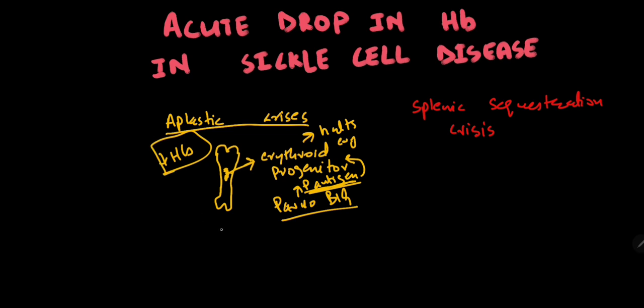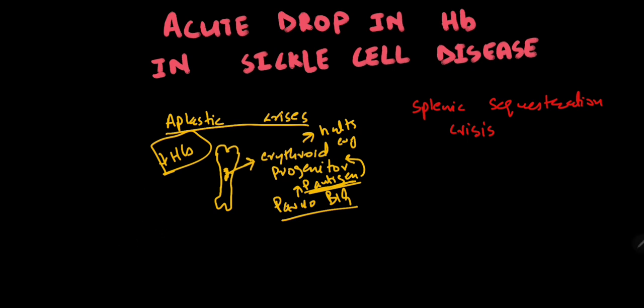So now I want you to think about whenever there is a drop in hemoglobin, what is the response of the marrow? The response of the marrow is that it should cause increased erythropoiesis, right? And how would you know that the bone marrow is actually producing new red cells? You will know this by the retic count.